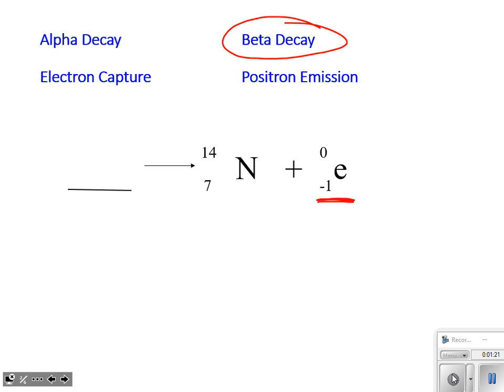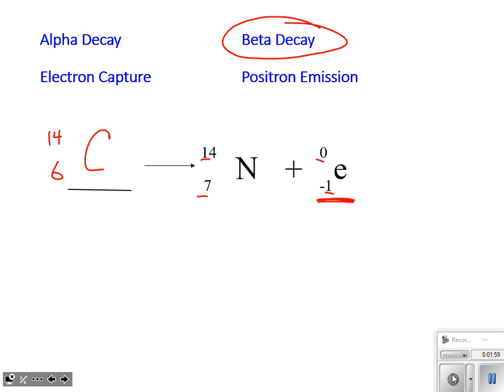Now, remember that these numbers here have to add up on both sides. So 14 and 0 is still going to give me 14. What is 7 minus 1? Well, that's going to give me 6, right? So what is element number 6 on my periodic table?